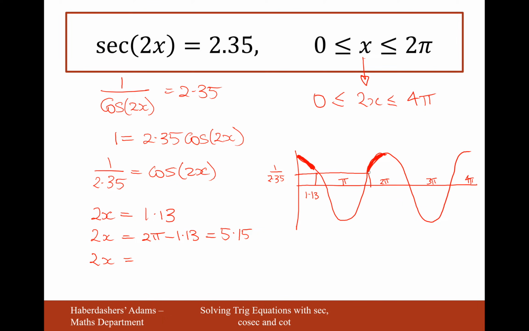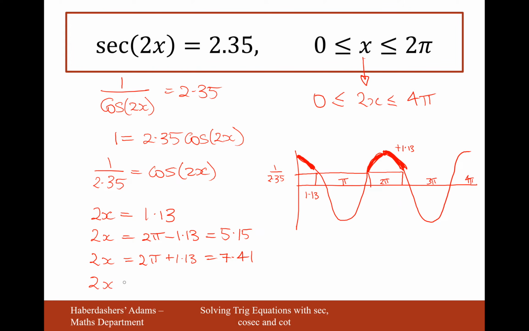The next solution, if I carry my solutions onwards, will be moving forwards from 2 pi by adding 1.13. So now I'll do 2 pi add a, because a is stored as the exact value of 1.13, and that will be 2 pi add 1.13, which is 7.41.